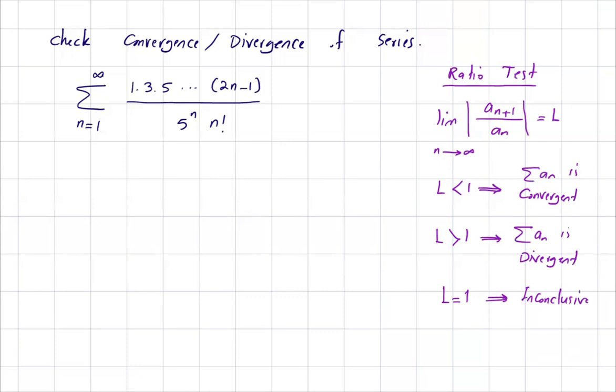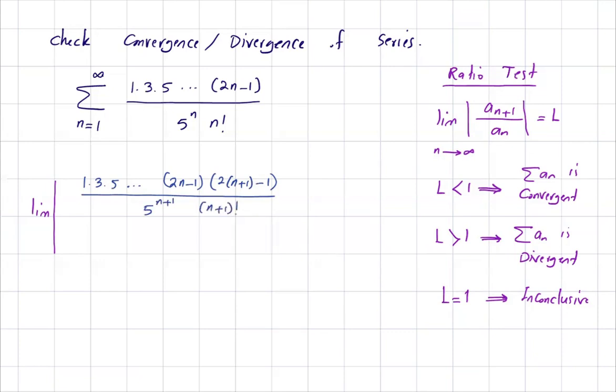So let us begin. We are finding the limit of the absolute value of a_(n+1). It means that wherever I see n, I'm going to use n plus 1. So I have 1 times 3 times 5 ... times 2n minus 1 times 2(n plus 1) minus 1, divided by 5 to the power n plus 1 times (n plus 1) factorial.